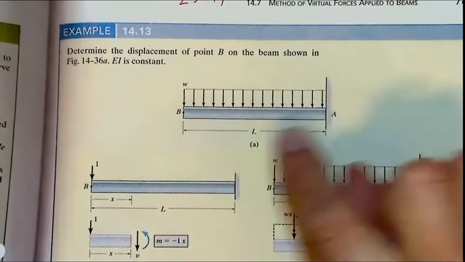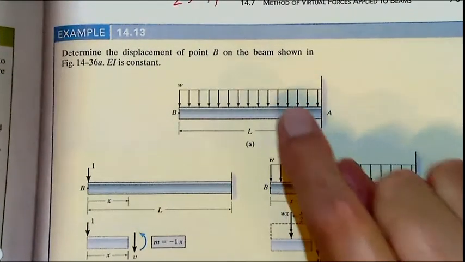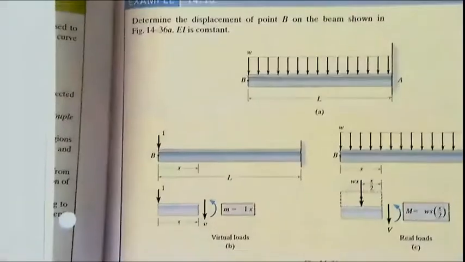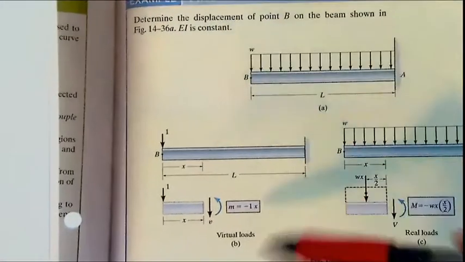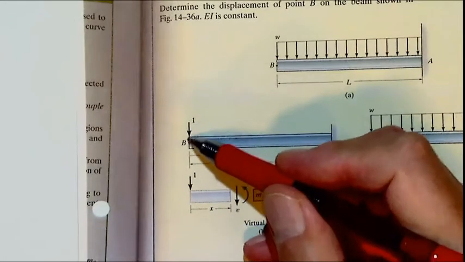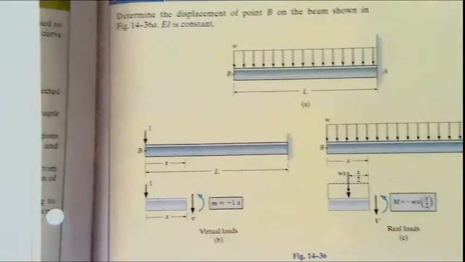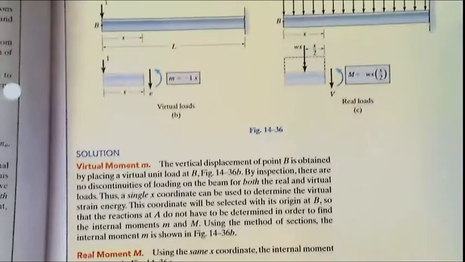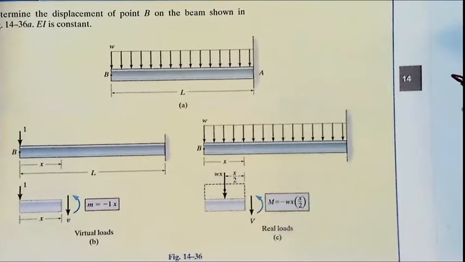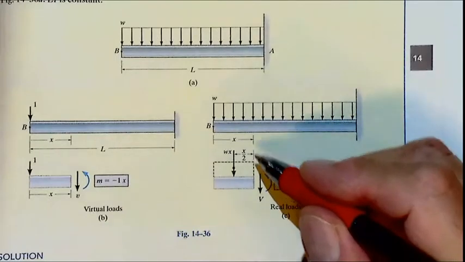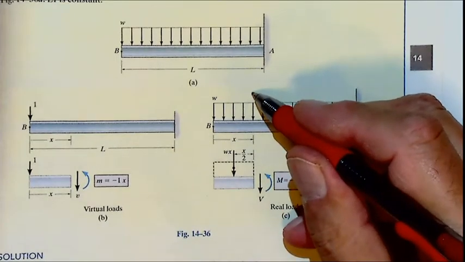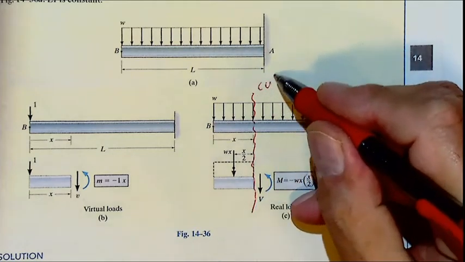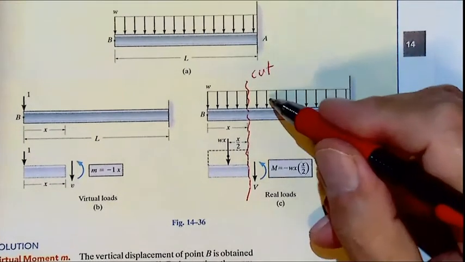Okay, we have a cantilever beam under the distributed load W. I want the tip displacement, B. So here I'm applying this unit load. Then, the bending moment here when I cut. Okay, that is a cut. That is a real load.